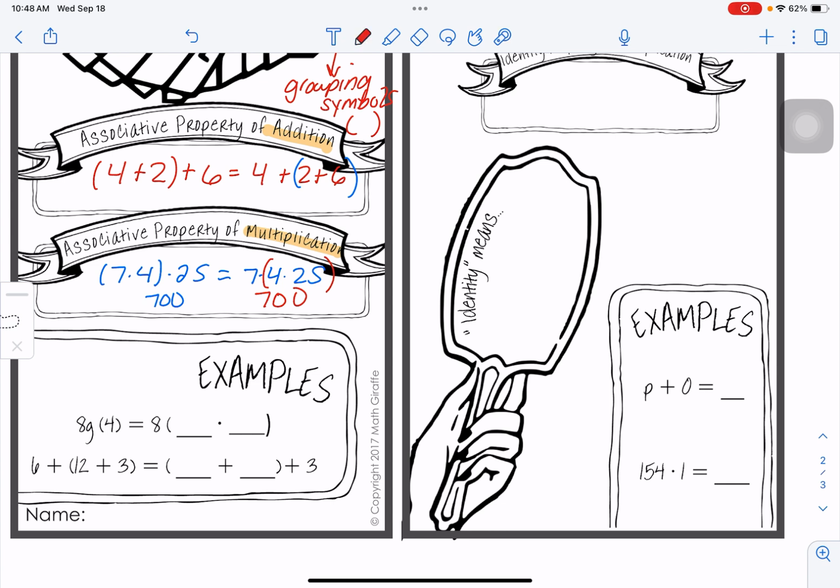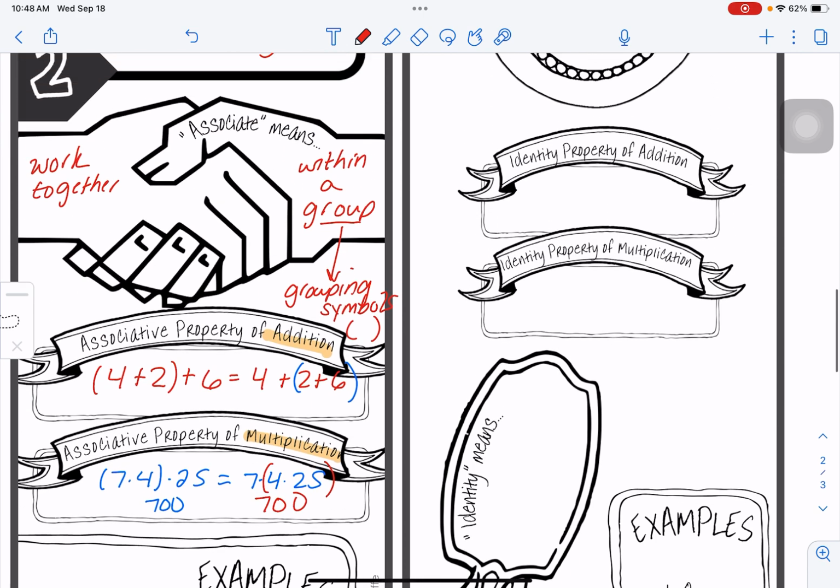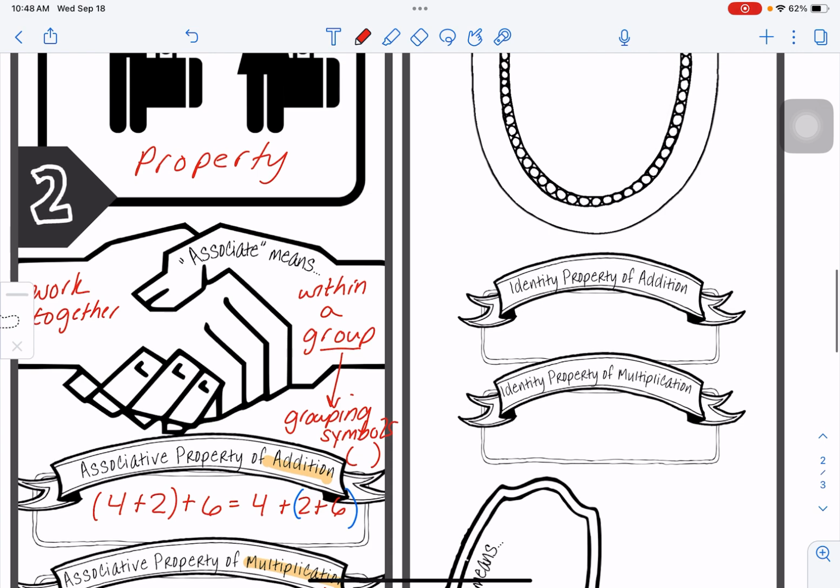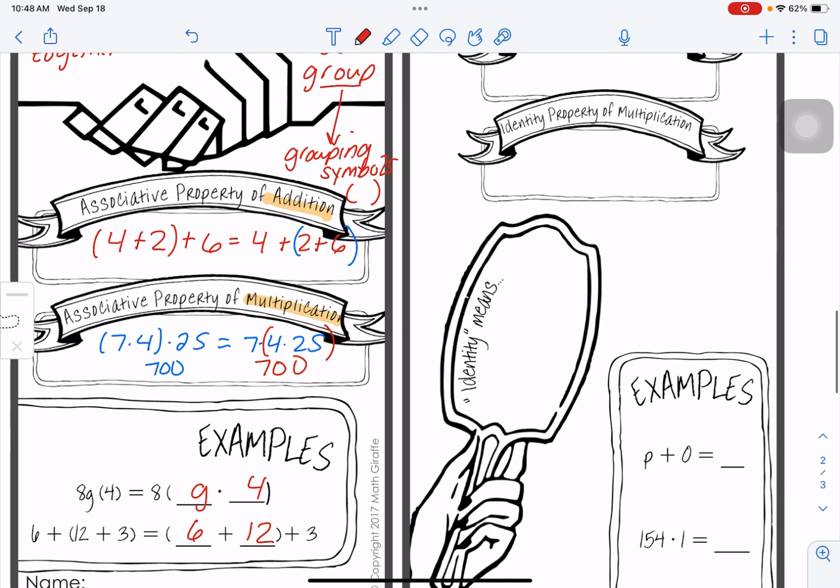We're going to get the same answer as if we group together the G times 4 and then multiply it times 8. Or if we had the numbers 12 plus 3 grouped together, we could group the 6 and 12 together and we're going to get exactly the same answer. Sometimes we're going to want to change the group just to make an easier problem to solve. The associative property says that's okay. Right? Questions on that?